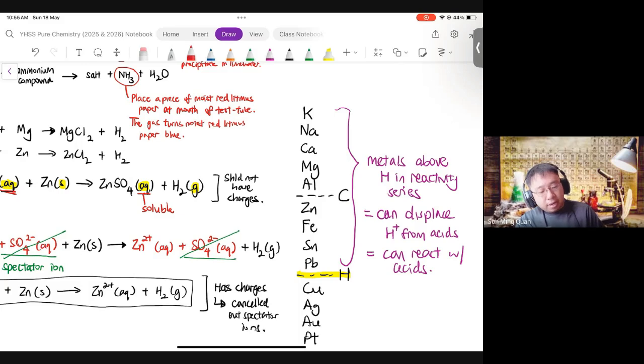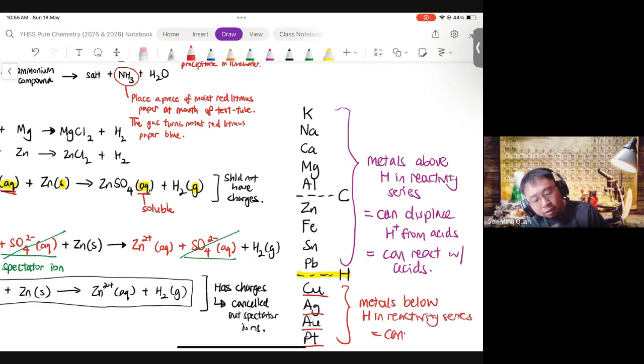Whereas copper, silver, gold, all your precious metals, platinum, another precious metal. Metals like copper, silver, gold, platinum, they are below hydrogen in the reactivity series.